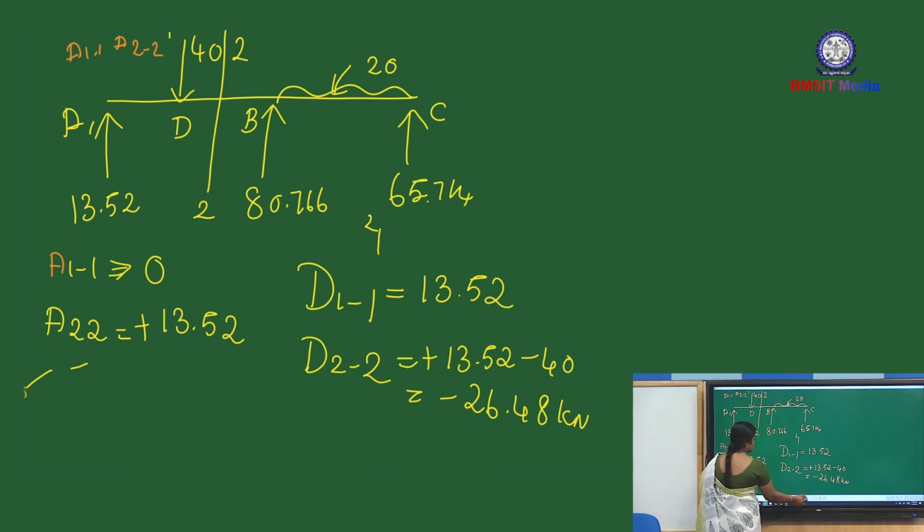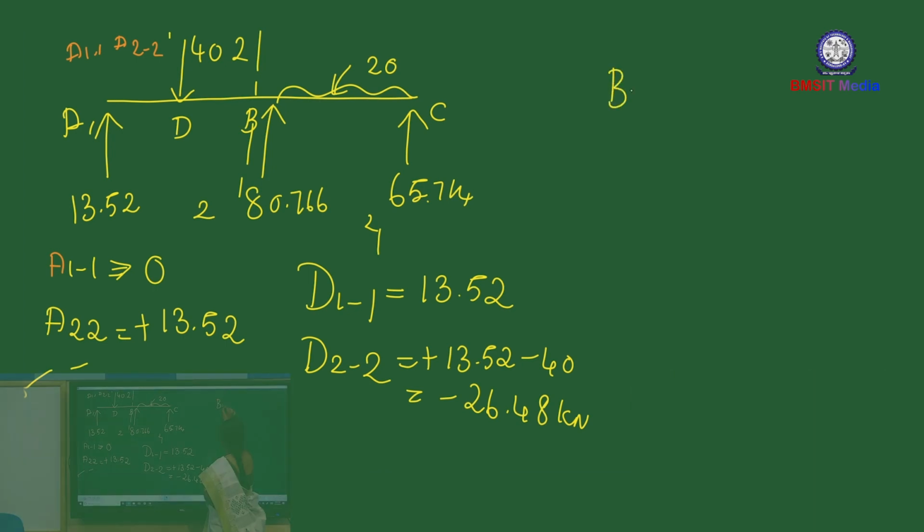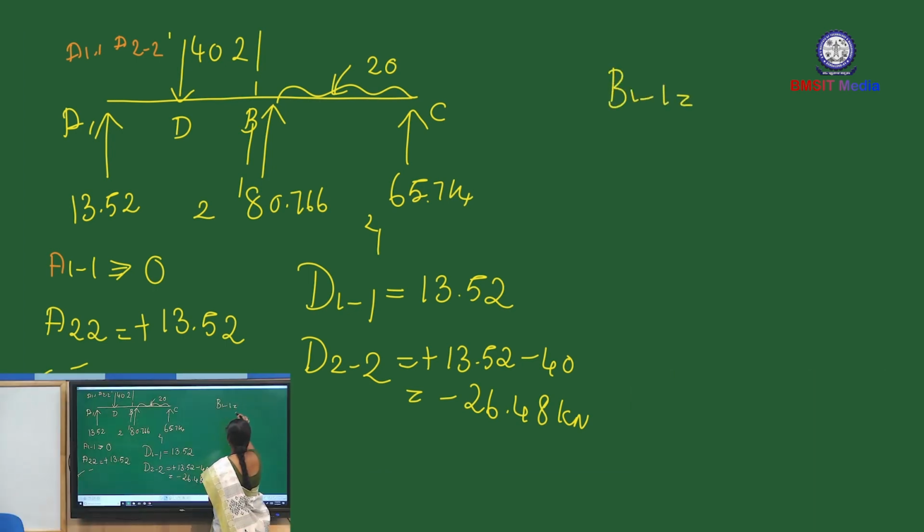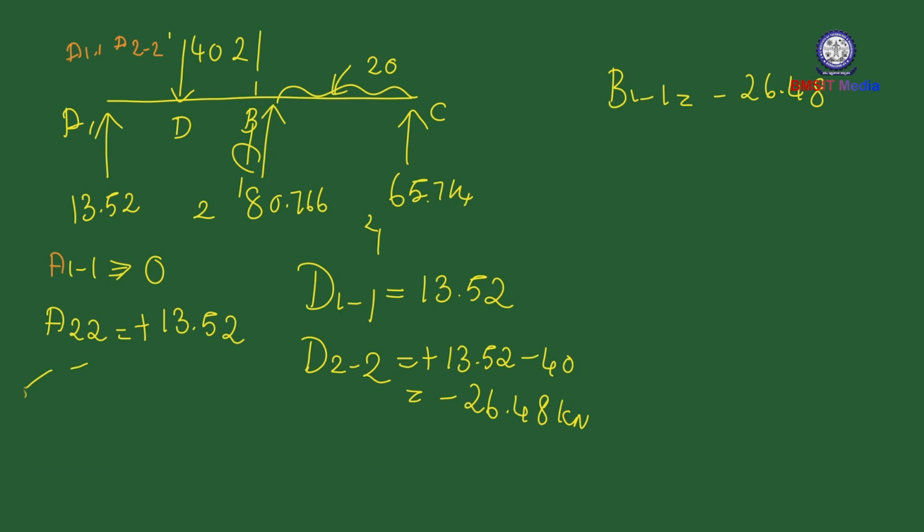Now coming to B11. B11 has the same value, plus 13.52 minus 40, that is minus 26.48 kilonewton.